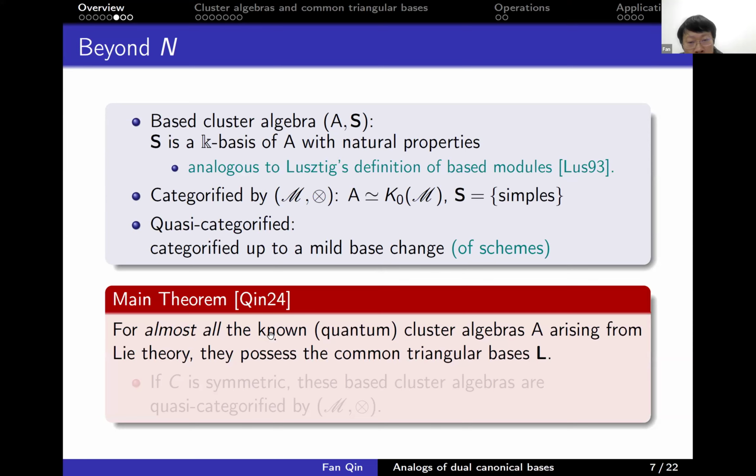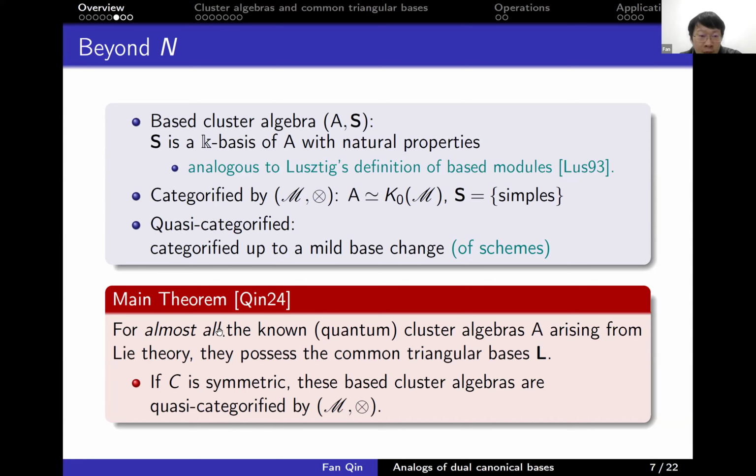For almost all the known quantum cluster algebras which arise from Lie theory, they possess this common triangular basis, or say the analogs of the dual canonical basis. And moreover, when the Cartan matrix, or the generalized Cartan matrix, is symmetric, these based cluster algebras, after this base change of schemes, are categorified by some monoidal category. Okay, so this is our main theorem.